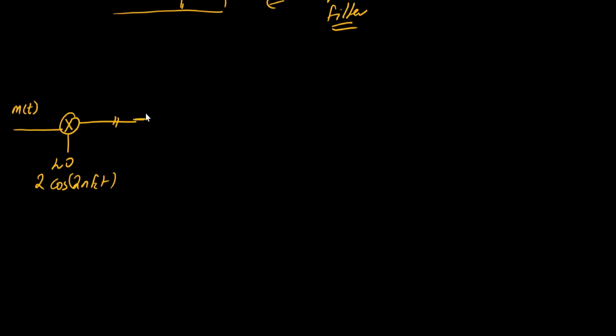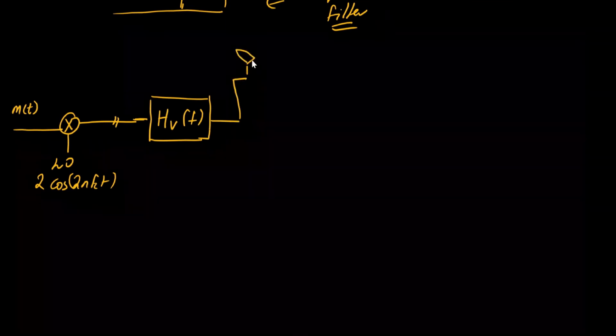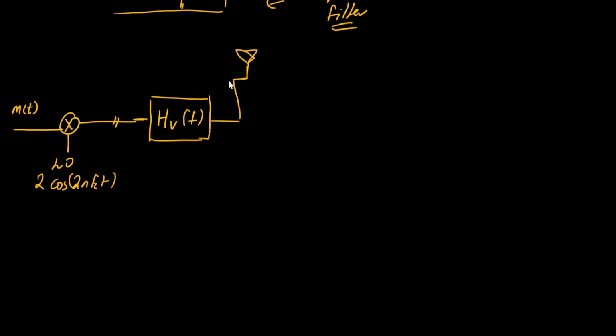At this point, we use a filter, which we call the vestigial filter, H_v of f, and then we transmit it by means of an antenna. So this is our transmitter in VSB-SC.